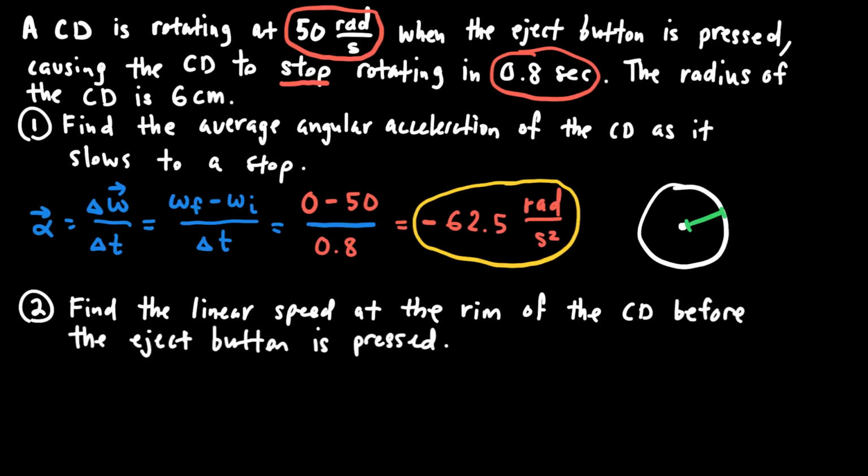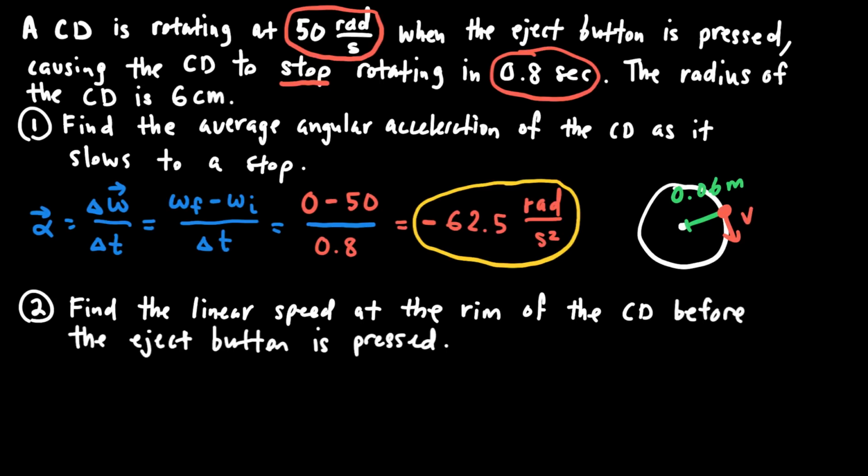And 6 centimeters is also 0.06 meters. And so how do I figure out the linear speed, which is not omega, but v, at that point?